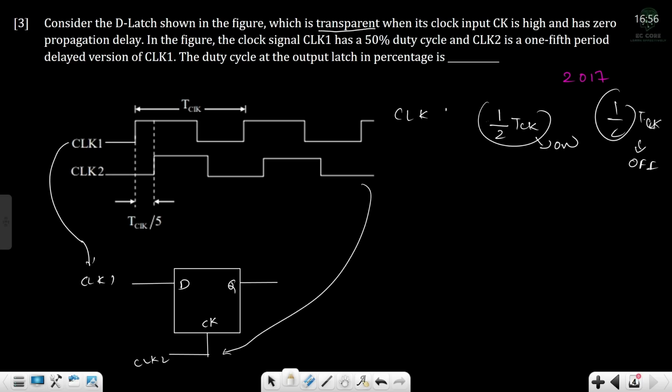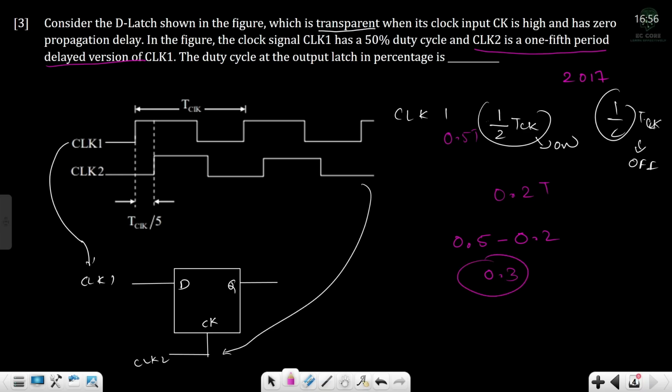This is for CLK1. Now what is the condition given here? CLK2 is a 1/5 period delayed version, so it is 0.2 of CLK1. Here 0.2 means that will be 0.5 TCLK, so I will simply subtract 0.5 minus 0.2, that will be 0.3.